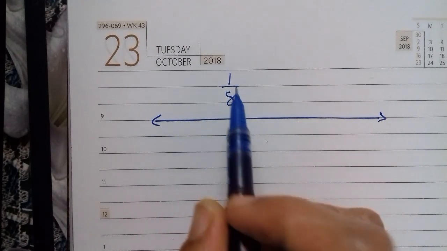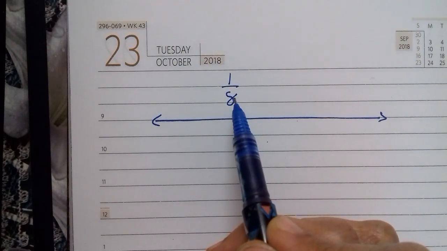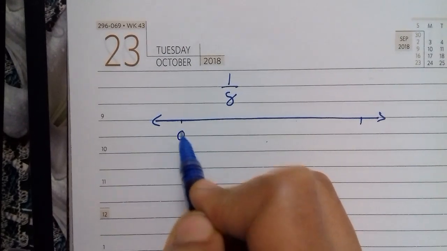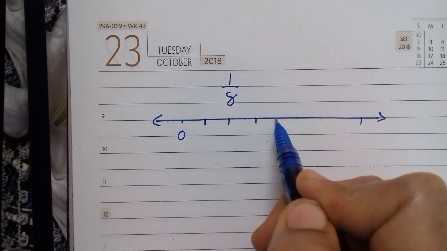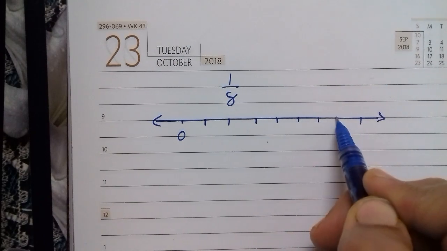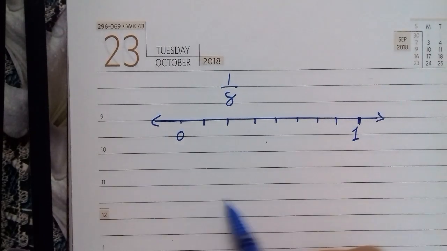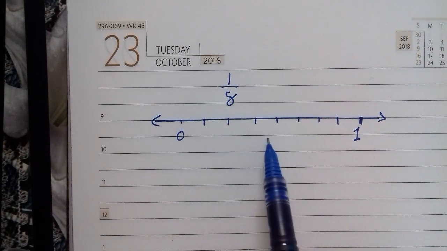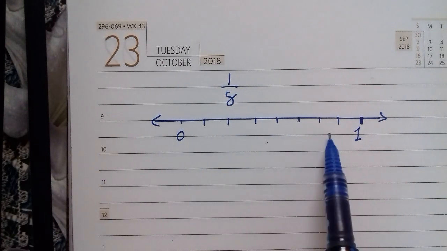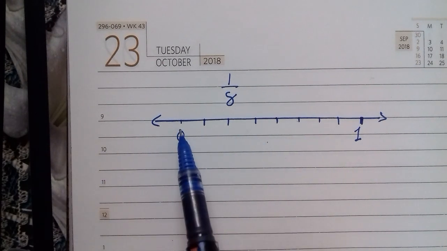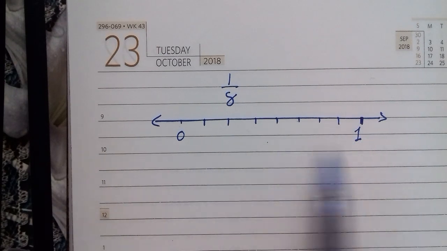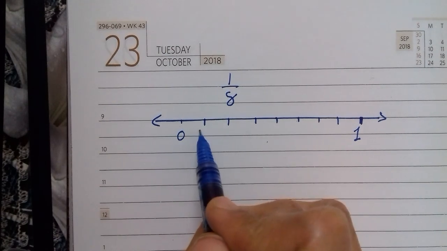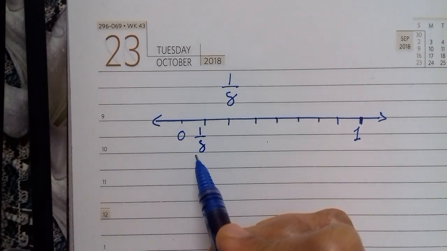We use the number 1/8 to name the first point. 0, 1, 2, 3, 4, 5, 6, 7, 8. So here we have divided the number line from 0 to 1 into 8 equal parts. We use the number 1/8 to name the first point of this division.